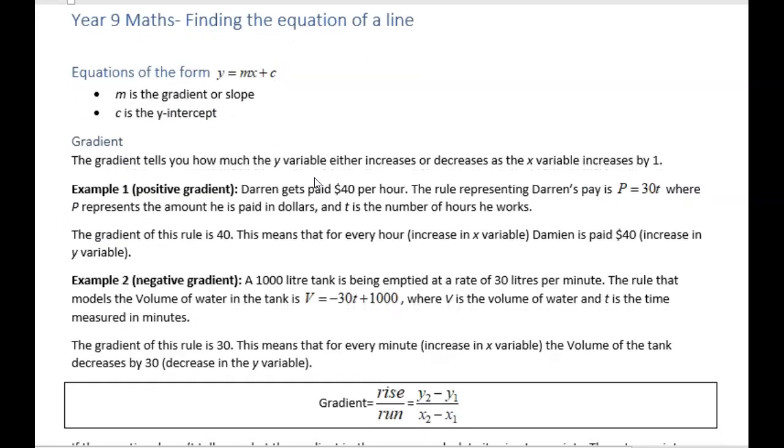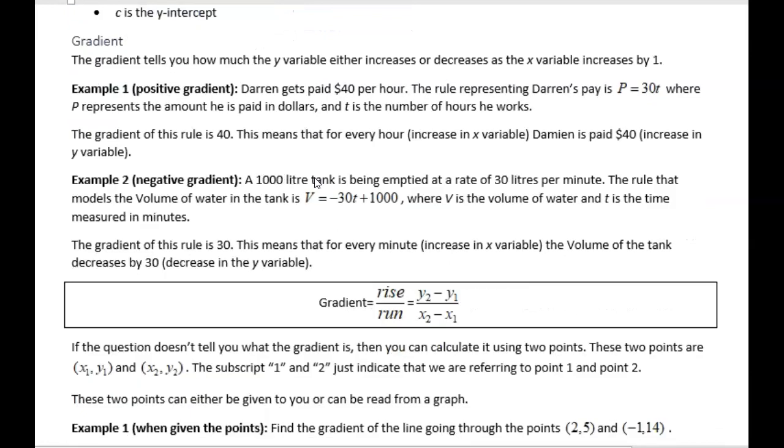All right, so let's just recap what the gradient actually is. So the gradient tells you how much the y variable either increases or decreases as the x variable increases by 1. Okay, so let's just say, for example, Darren gets paid $40 per hour.